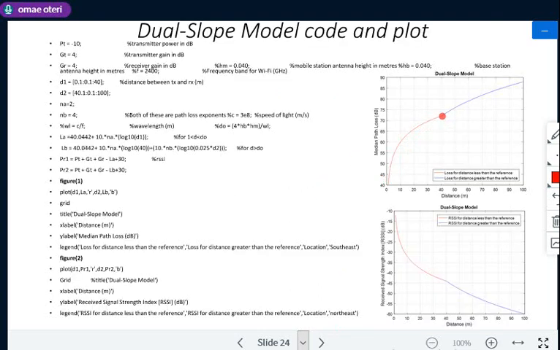So this one uses one loss, and the other one uses a different loss from what we have in the single slope. The single slope is everything up to the end considered. So the losses will be given this way, then the reception or the received power will also be represented this way. And this is the plot, the MATLAB code, which will generate these plots.